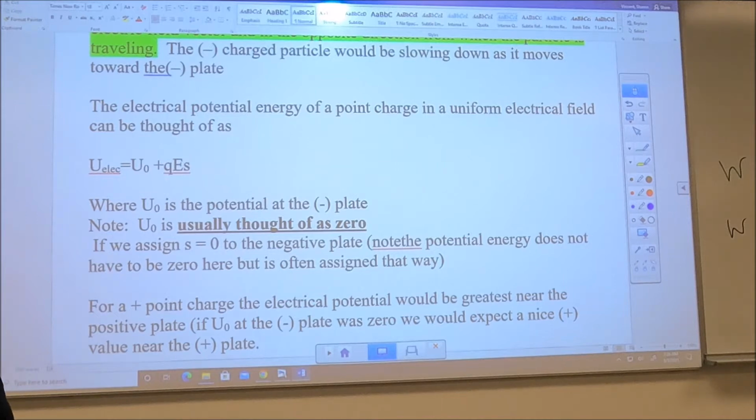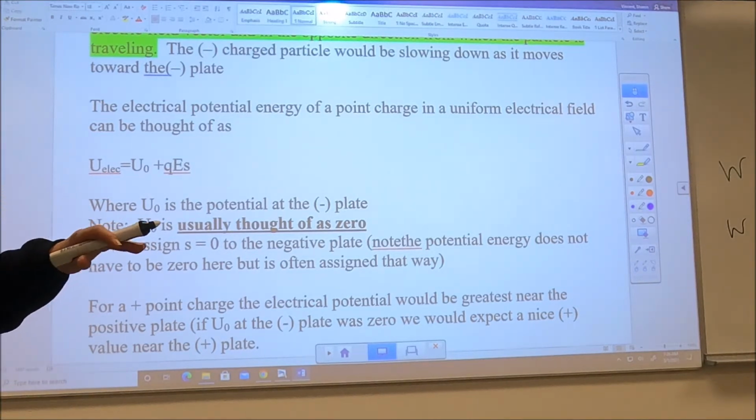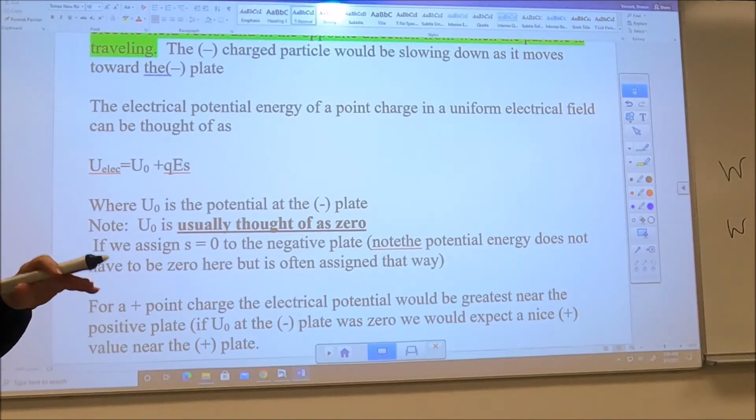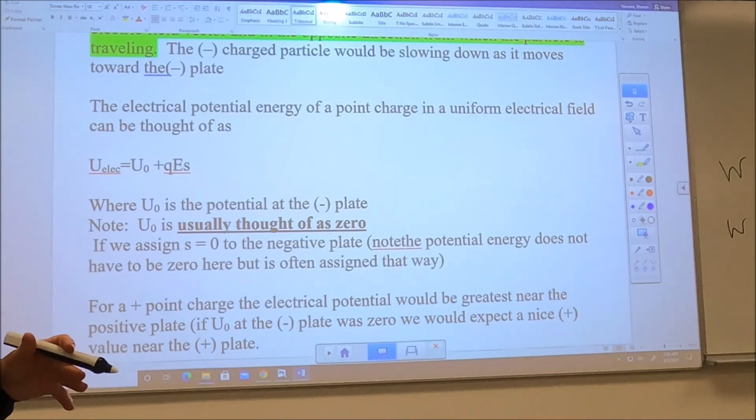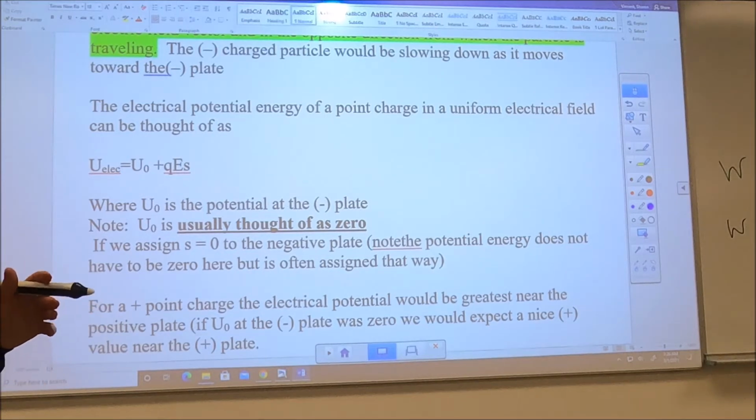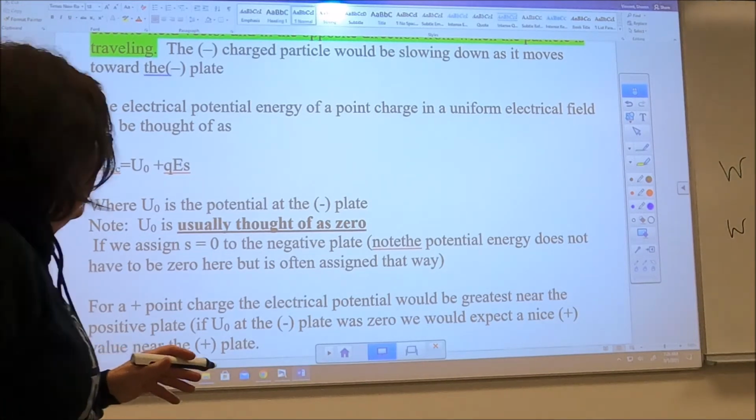Remember, with gravitational potential energy, where you choose your 0 potential energy is up to you. Same thing here. Where we make our 0 electrical potential energy is up to us. And by convention, that's usually assigned to the negative plate where we make S equals 0.